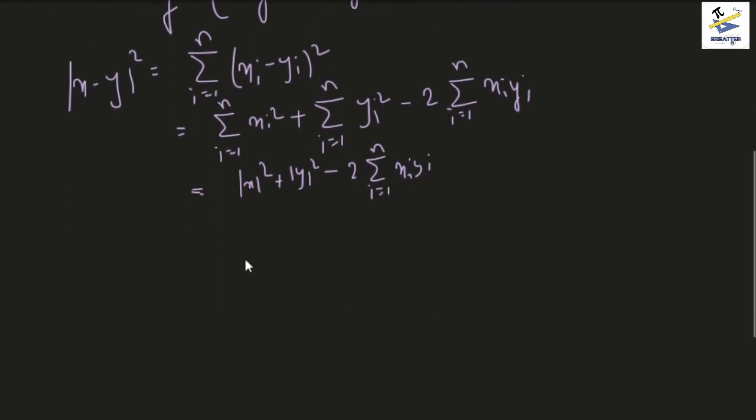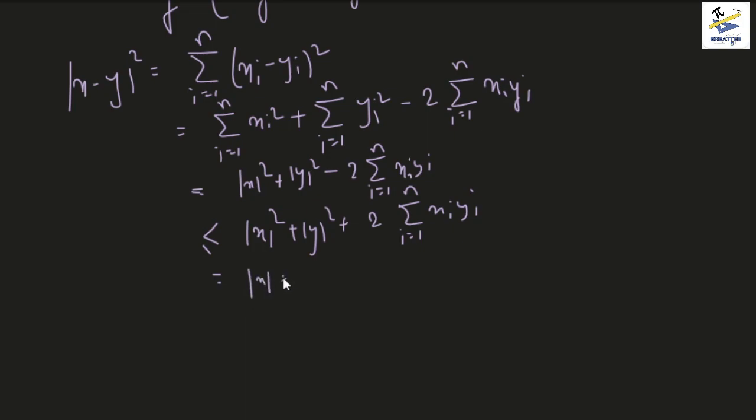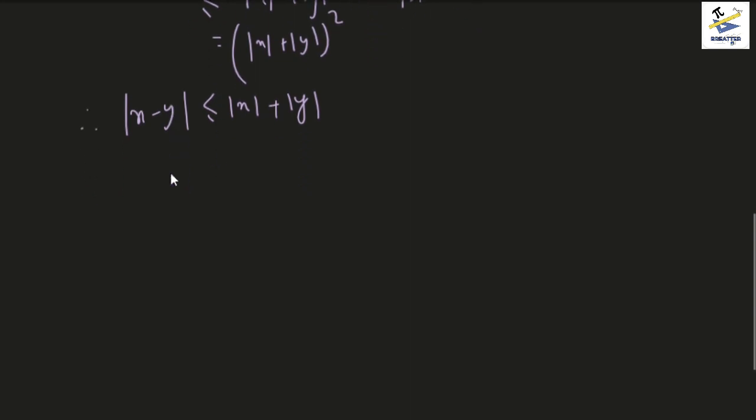Now obviously this would be less than equals to mod x square plus mod y square plus 2 times the sum for i equals 1 to n of xi yi. This has to be true, and that is why we can say that this is equals to mod x plus mod y whole squared. Therefore norm of x minus y is less than equals to norm of x plus norm of y. So this is one of the problems. Let's do the next one.